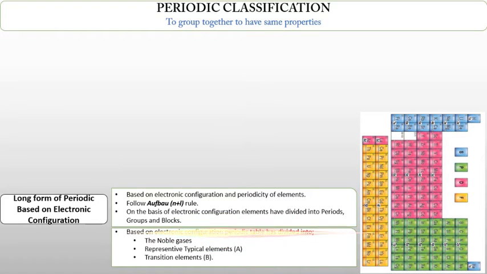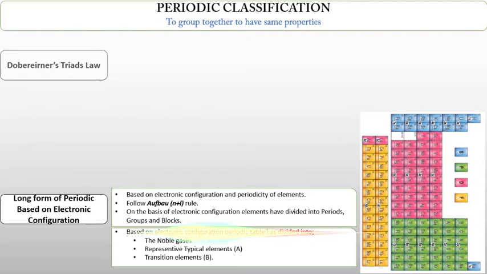Every object has a particular place in our home. Similarly, in the periodic table, every element is classified according to its properties. So this is the simple definition of the periodic table.